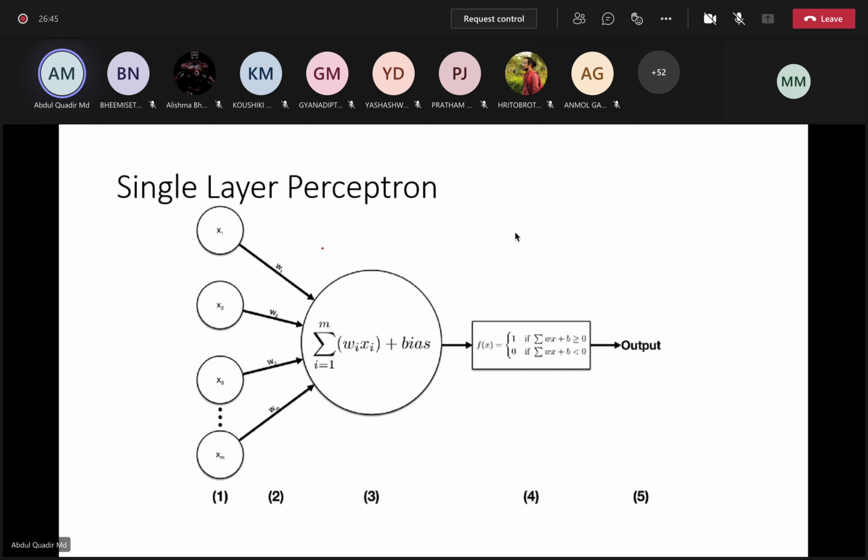Now, single layer perceptron. What am I going to do? I am just representing the same thing in a different way. x1 w1 plus x2 w2 plus x3 w3 plus x4 w4. I'm summing it up. Plus, I am adding a bias.